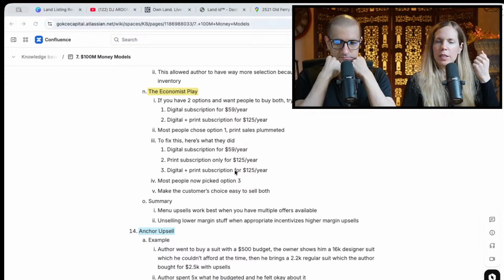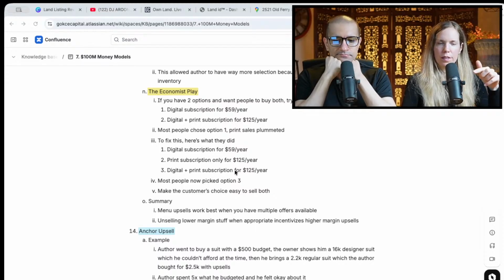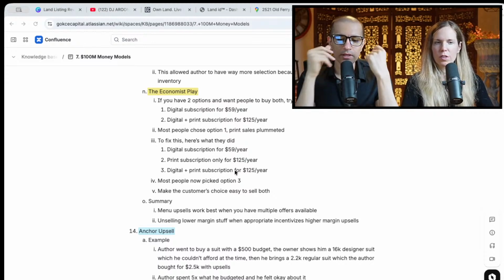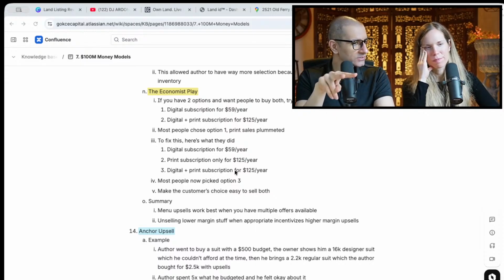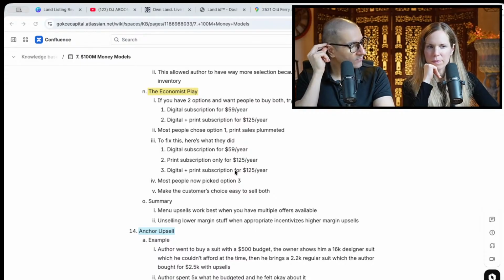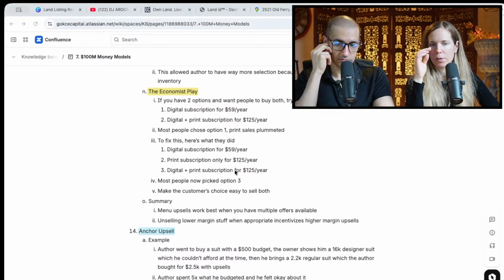It'd be like you can get this upsell for this much, this upsell for this much, or these two. But this is a very specific scenario because they're trying to sell both. In our case, we need to come up with a scenario where we're trying to sell both, right? Well, that's what I'm saying, if we're trying to sell multiple upsells.